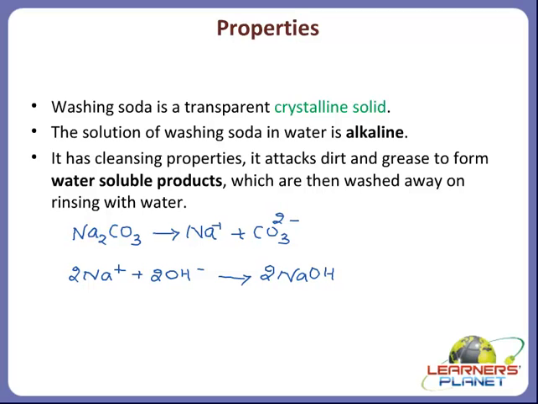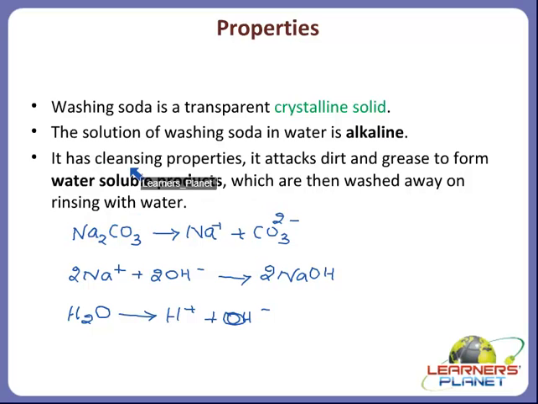From where has this hydroxyl ion come? Water dissociates forming H+ and OH- ions. Right, students? So this hydroxyl ion reacts with sodium ions and forms sodium hydroxide. So that is why its solution in water is alkaline.